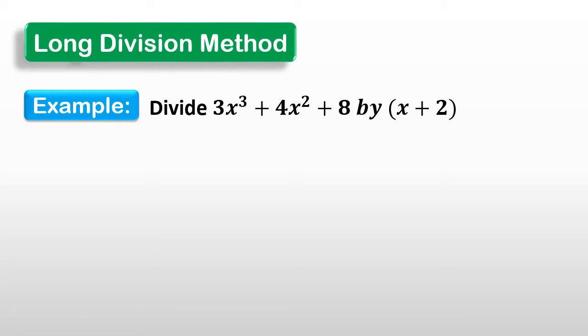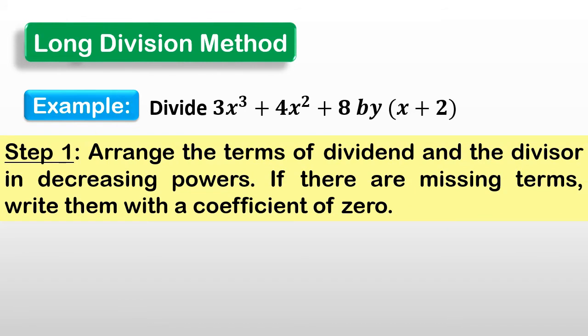So, to easily solve the problem, let's proceed for the step 1. Arrange the terms of dividend and the divisor in decreasing powers. If there are missing terms, write them with a coefficient of 0. So, dahil meron tayong missing term, which is x, let's put 0 doon sa ating missing term.